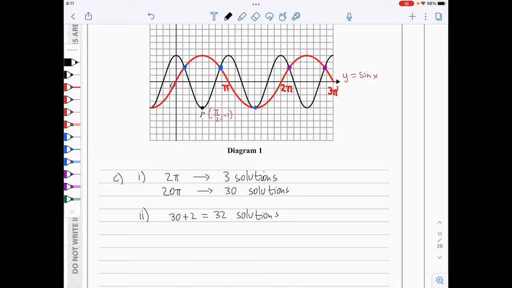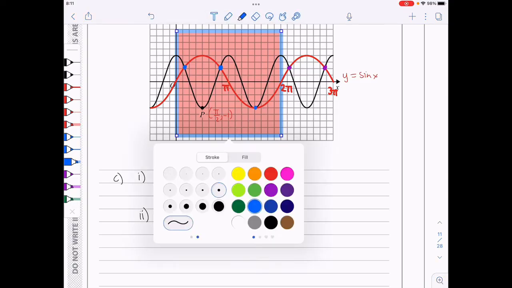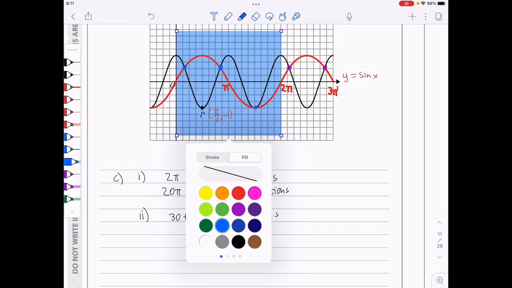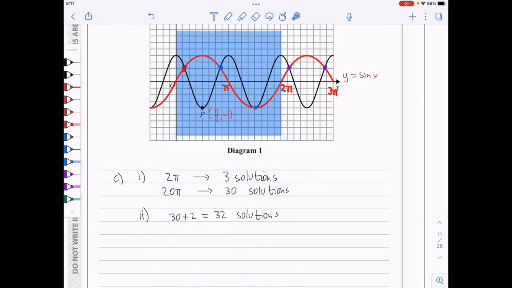So once more, let me show you again what's happening in the first 2 pi. In this first 2 pi, we've got 1, 2, 3 solutions. So every 2 pi, we have 3 solutions.